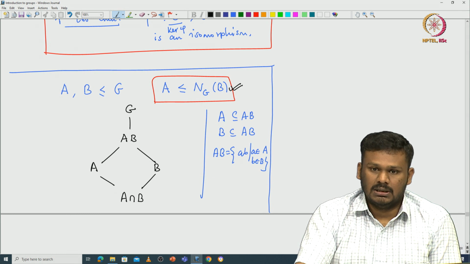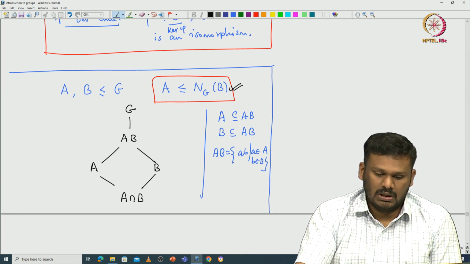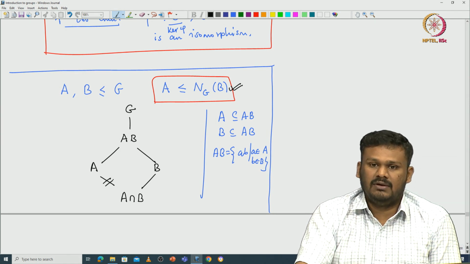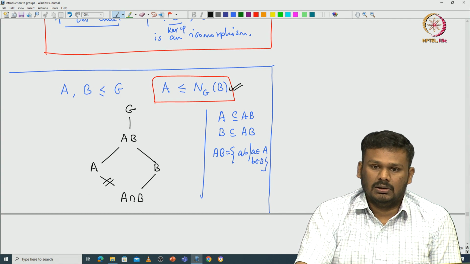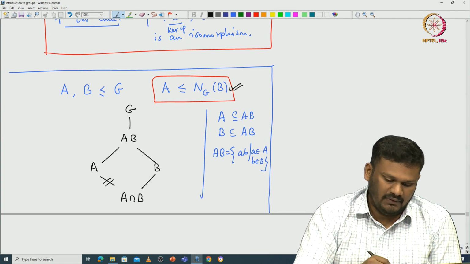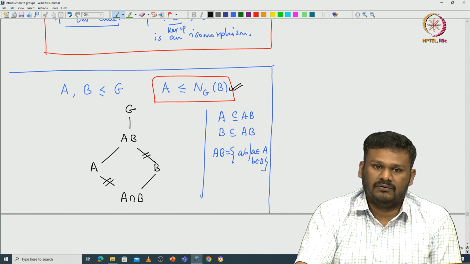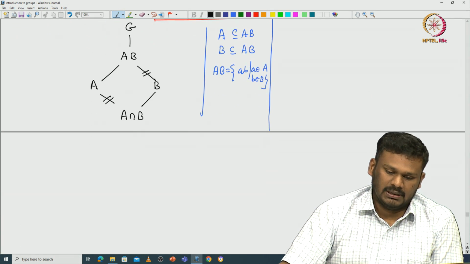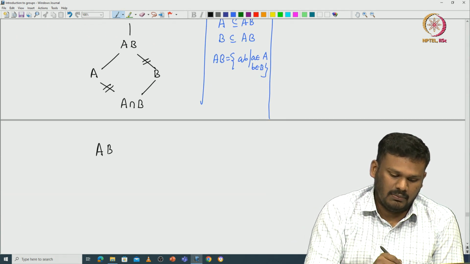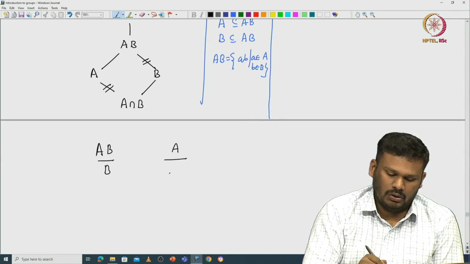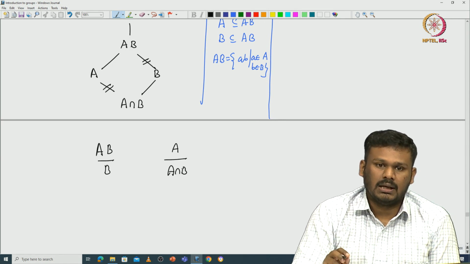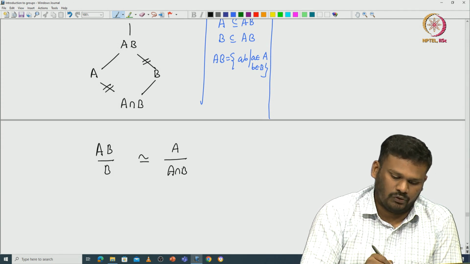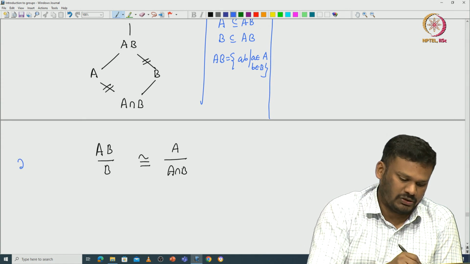Then we will prove that A intersection B becomes a normal subgroup of A, and B becomes a normal subgroup of AB. Then we compare AB modulo B and A modulo A intersection B. The second isomorphism theorem tells you that these two are isomorphic. This is the statement of the second isomorphism theorem.